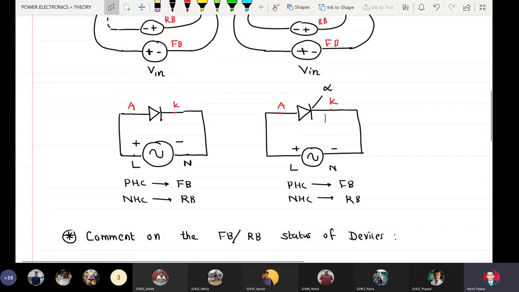And because an SCR is a special type of diode, a controllable diode, I had the same understanding. So I automatically coined a definition that if the anode is connected to negative potential and the cathode to positive potential, then it is reverse biased.